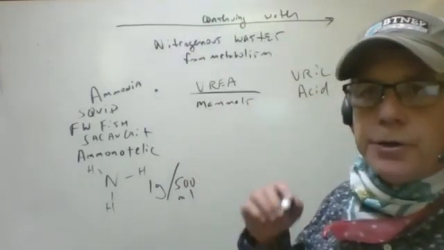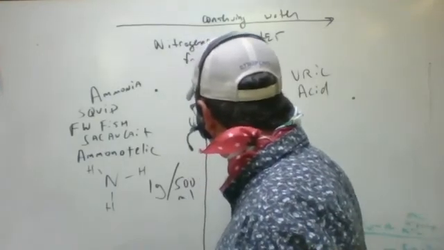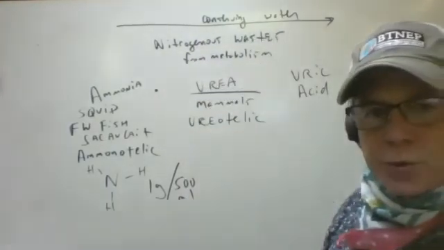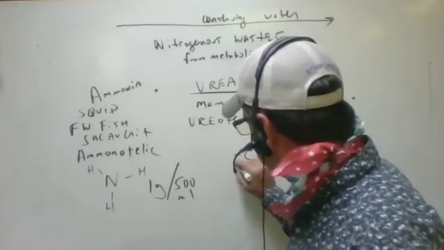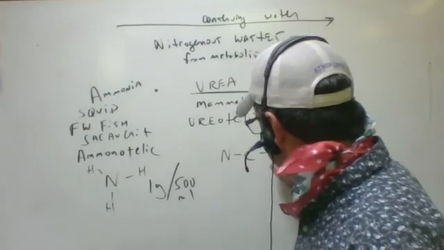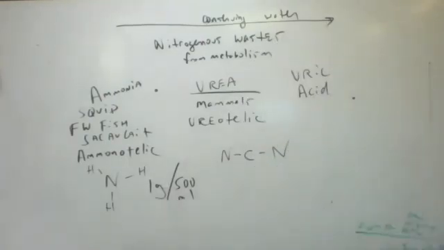We are called ureatelic. What does urea look like? Urea has 2 nitrogens. Remember, ammonia only had 1 nitrogen.